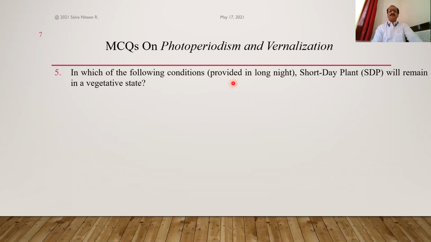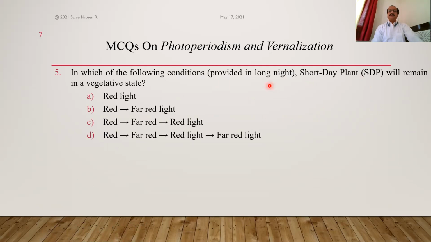In which of the following conditions, provided in long night, will short day plants remain in a vegetative state? Just now we studied that. If the long night of a short day plant is interrupted by red light, then they will remain vegetative and will not produce flowers. But if this red light is followed by a brief exposure to far red light, that is wavelength of 730 nanometer, then they will produce flowers.